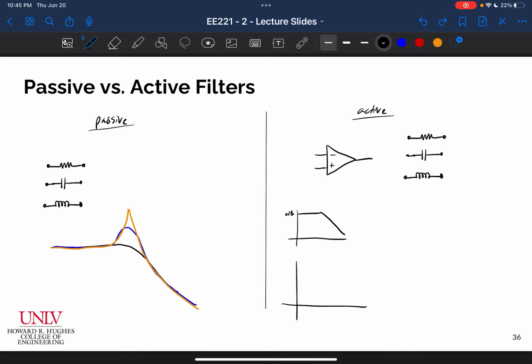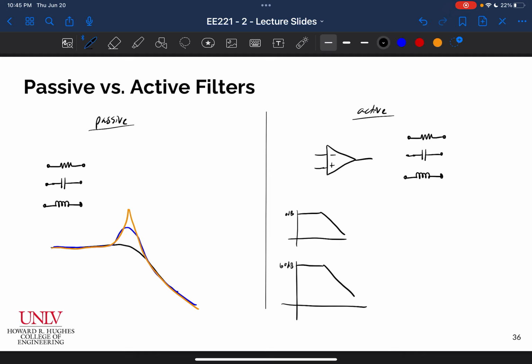So that we get something like 60 dB, or a factor of 1,000 gain, before we get our roll off, in case we're interested in not only attenuating higher frequencies but also boosting lower frequencies. This would give me V out over V in as a factor of 1,000. And that's also desirable in a lot of cases, to be able to boost your signal.